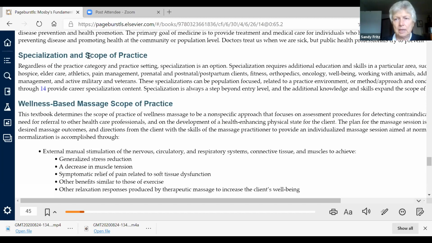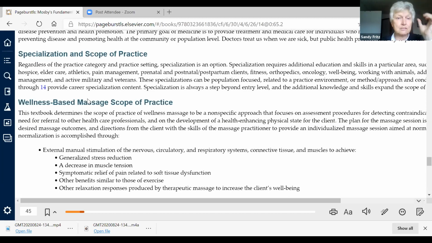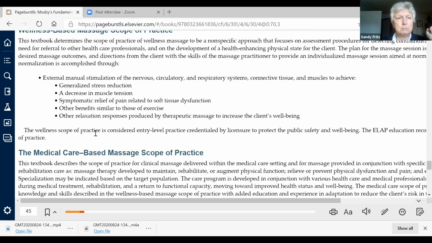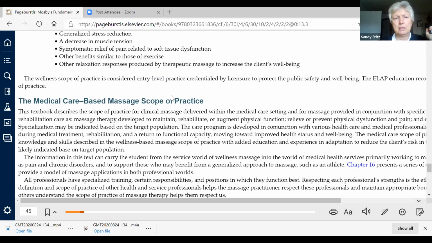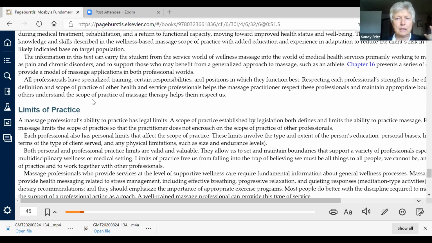But mostly it's about learning how to adapt to people that have specialized circumstances. So we have to divide the scope of practice between a wellness-based scope of practice and a medical care-based scope of practice. So make sure that you've got a good working understanding of that.